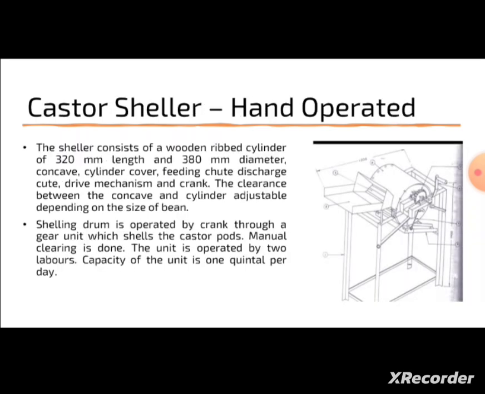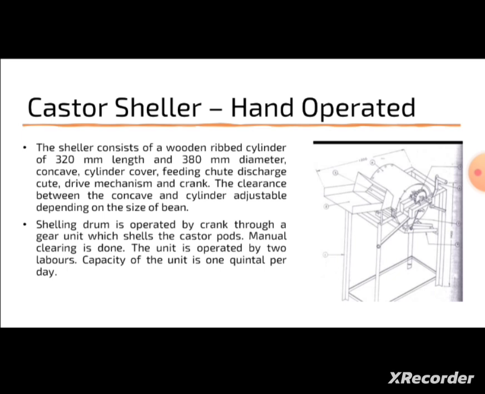And the castor sheller is for removal of castor seeds from the outer cover of the castor capsule, and it consists of a shelling drum which is operated by a crank through a gear unit which shells the castor pods. Manual feeding is done.